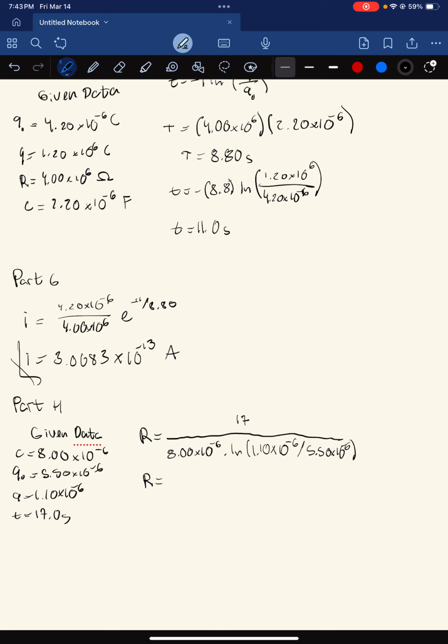Alright, negative 6, multiply. I'll close parentheses, open natural logarithm. 1.10. Was it one?